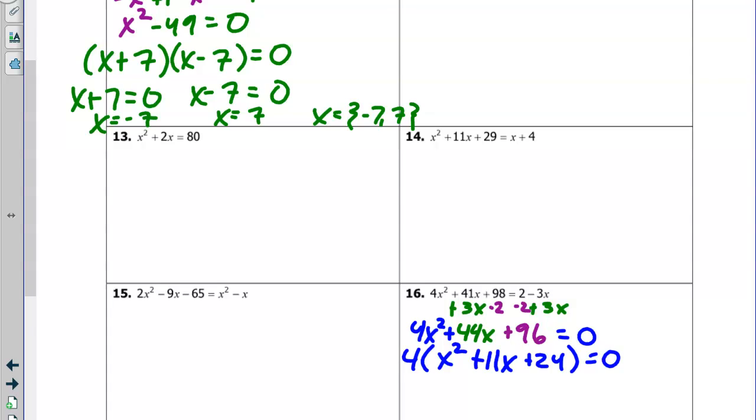So what do I do now to factor the x squared plus 11x plus 24? Just factor, yeah, what do you get? Do they have the factors yet? 3 and 8, very good.